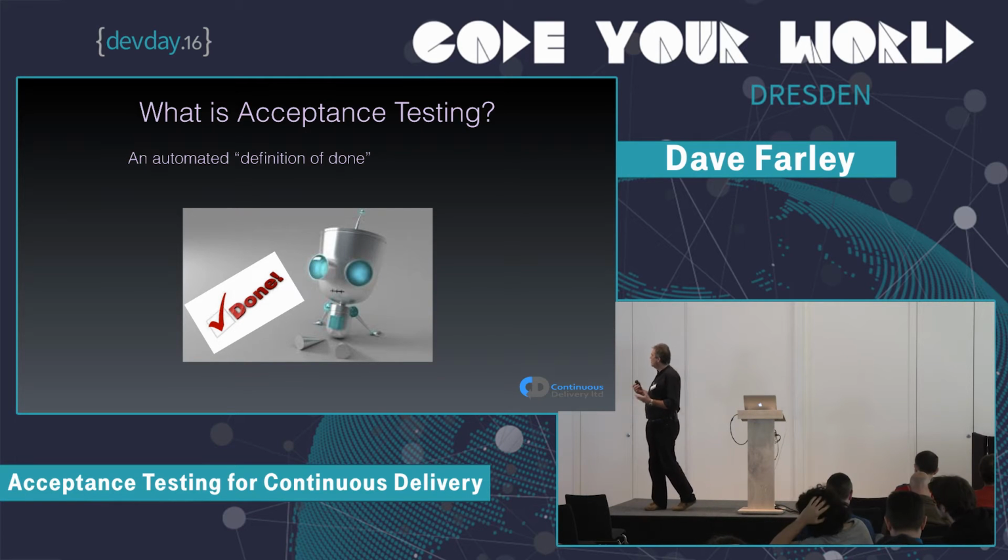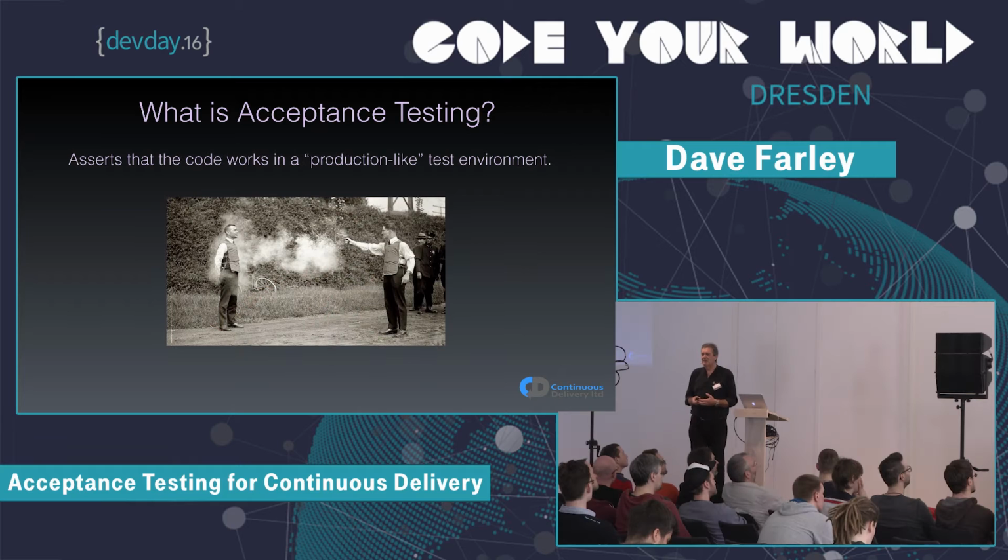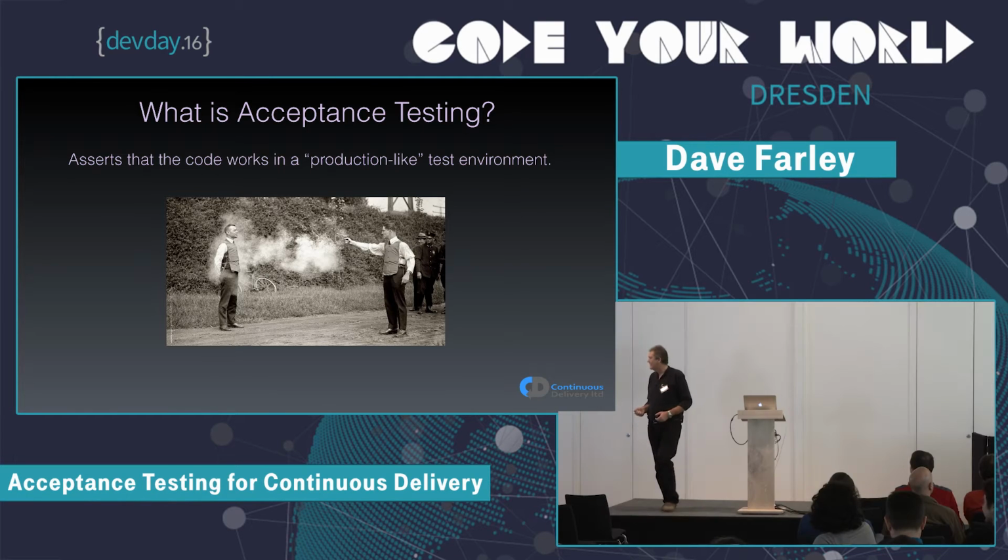We want to assert that the code works in a production-like test environment. So it's no good having it really, really fake. There's skin in the game here, as the English or the Americans say. We want to really evaluate this in lifelike scenarios, in lifelike test environments, so that we're rehearsing the sorts of things that might really go wrong with our software when it's live.